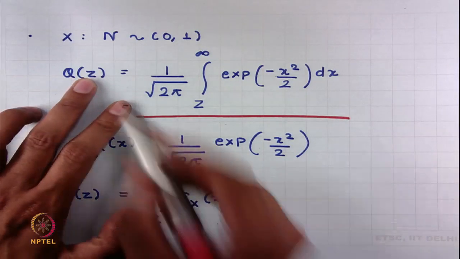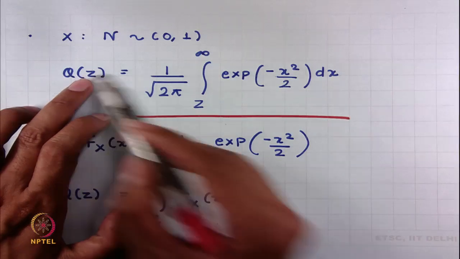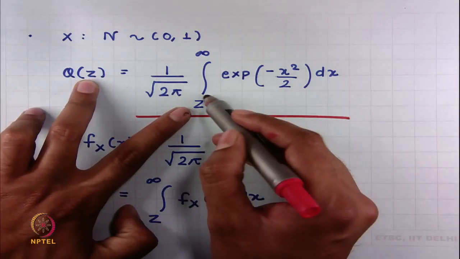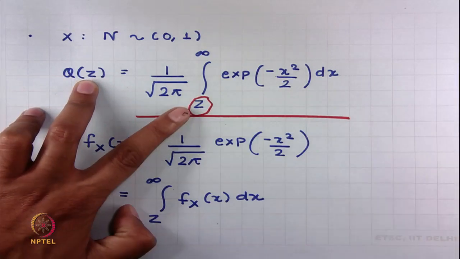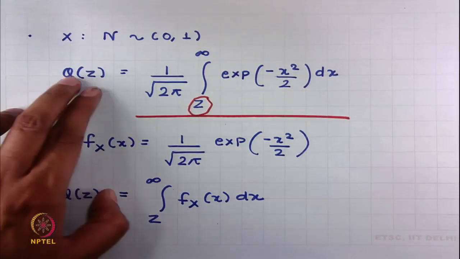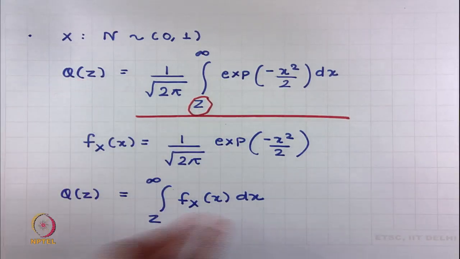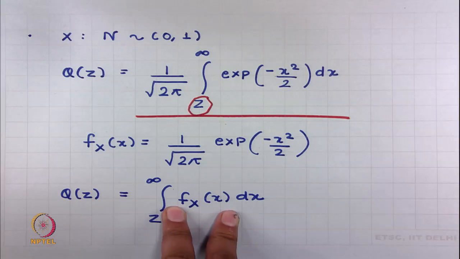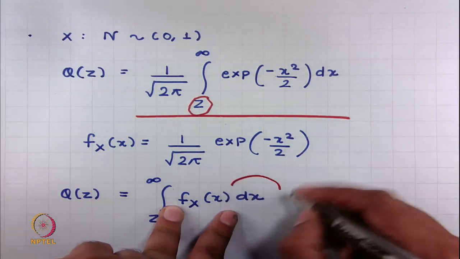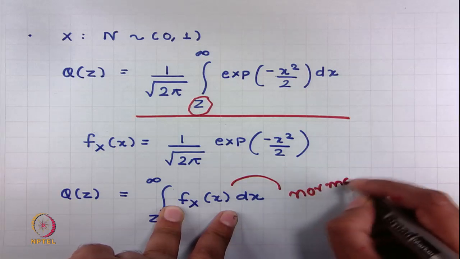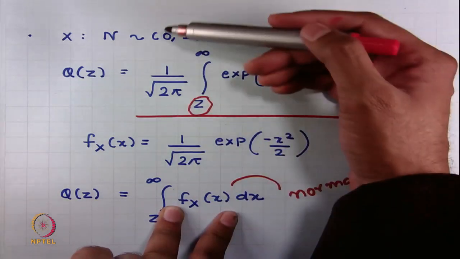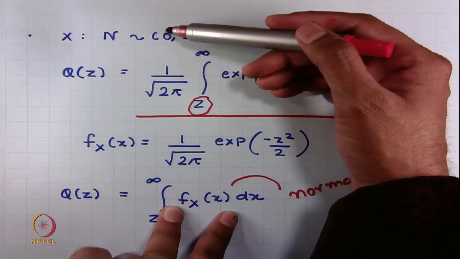You should notice carefully that this z corresponds to this limit of integration. So, what is this Q of z? You take the probability density function of a normal random variable, a Gaussian random variable with mean 0 and variance of 1.